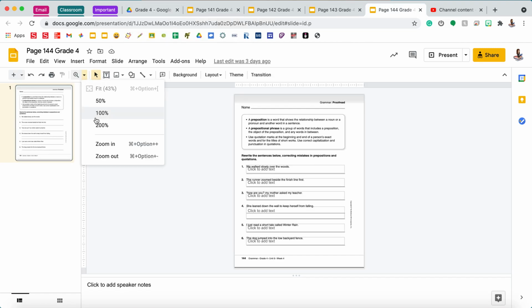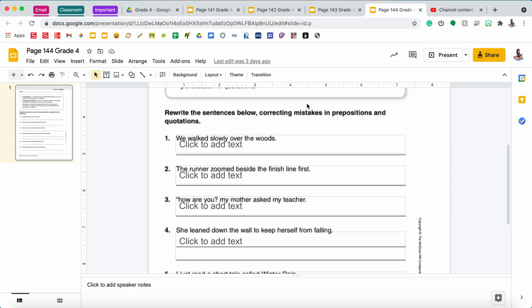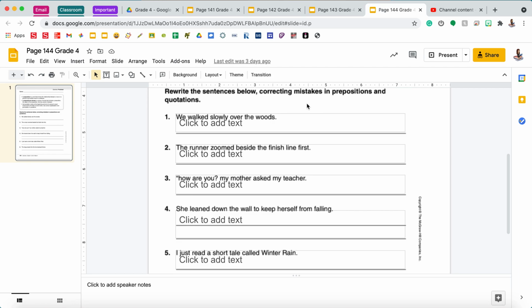Your last page is 144. As always, it's a proofreading page. The box at the top goes over the rules from the previous pages. The directions state to rewrite the sentences below, correcting mistakes in prepositions and quotations. Number 1 says, we walked slowly over the woods.